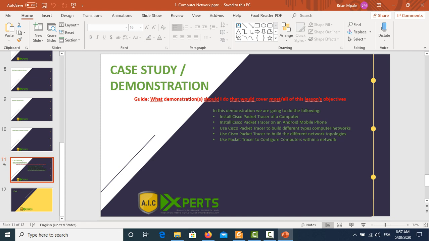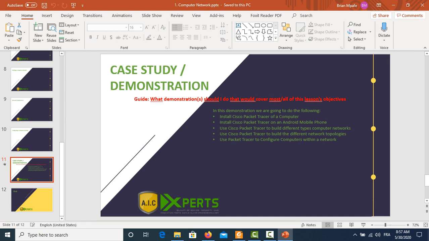Then I come up with demonstrations that allow us to install Packet Tracer on a computer and on an Android mobile phone, intentionally, so that the kids know how to do that. If they're at home, they can do that by themselves so that they can work with their environment.